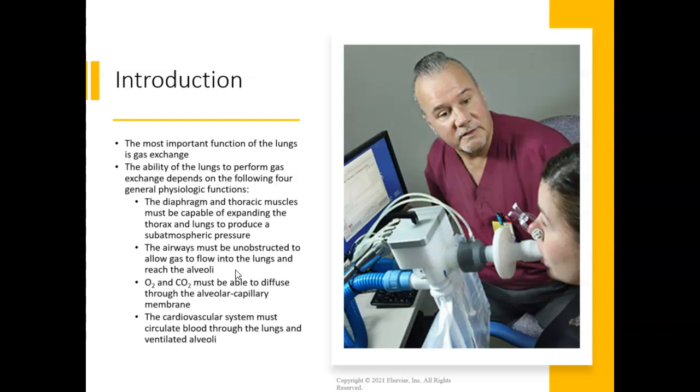There are also diseases of the lung tissue that affect the diffusion of gas through the AC membrane. Lung tissue disorders would be like sarcoidosis and interstitial lung disease. ARDS is a lung diffusion defect disorder as well.